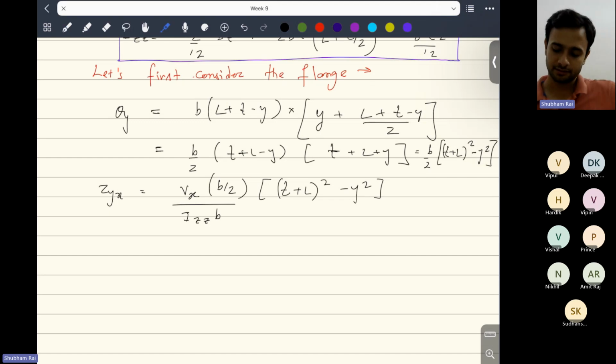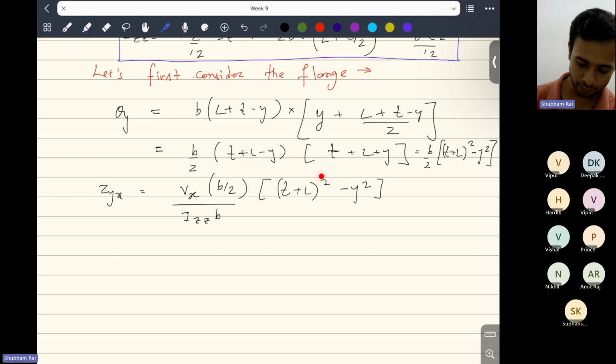Izz will not be a function of Y. So that's why I've written Izz only here, right? And which you have already calculated above. And then V is also not a function of Y. This is also constant, shear force at a particular cross section. So the expression of Y we have written here. So tau yx will vary with y as per this expression.